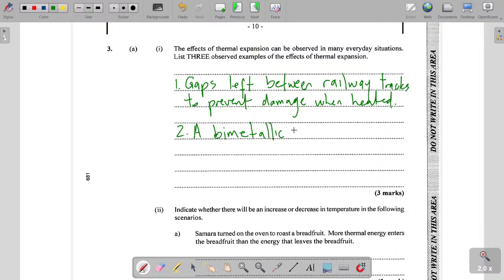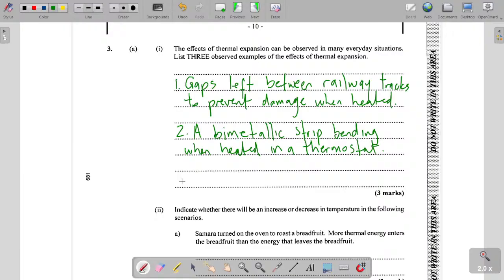So a bimetallic strip bending when heated in a thermostat. So a thermostat is just a device that we use to control the temperature of an environment.